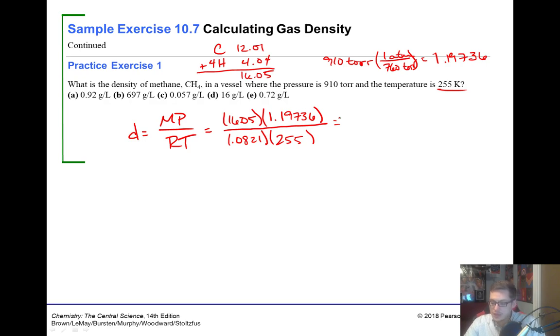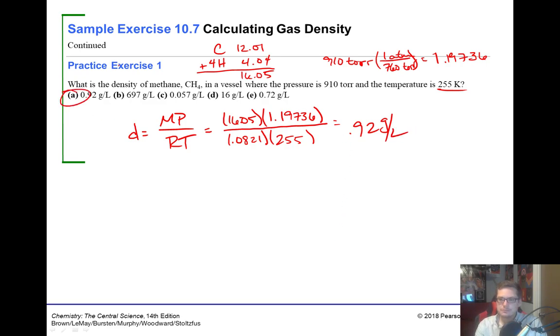We get 0.9179. And how many sig figs do we want? This has 2 sig figs, so we have to have 2 sig figs here. So 0.92, and since it's density, it'll be in grams per liter. All right, and so therefore A is the right answer.